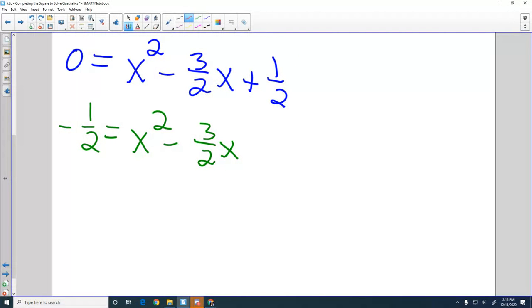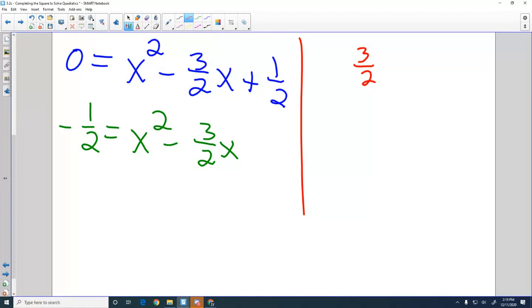All right, let's do a little sidebar here. I need to take b, which is 3 halves. Right, that's b. I need to divide that by 2 and then square it. Are you ready for this? To divide a fraction by 2, think about it like this.